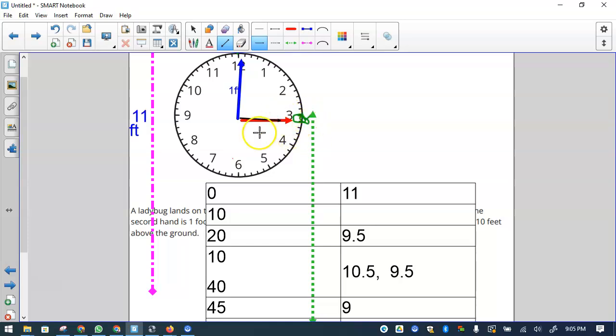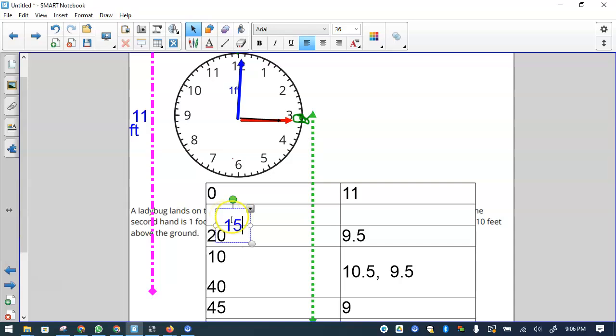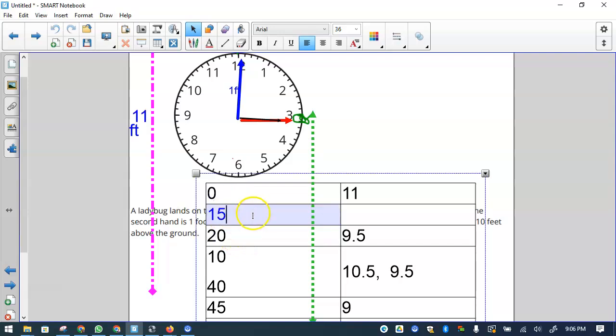That means when it is 15, let me write down 15 minutes, and it is 10 foot above the ground. And then the question asked is, at what time will the ladybug be at the height again if it stays on the minute hand? The ladybug is already here.